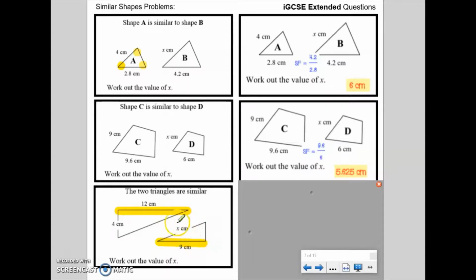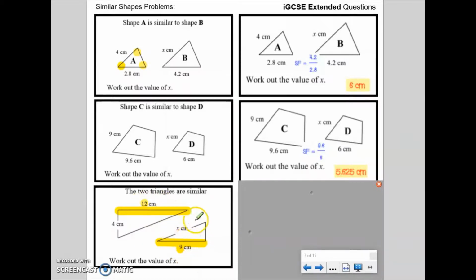So even though the shape appears to be rotated, we can still do 12 divided by 9 to find our linear scale factor. 12 divided by 9 is going to give us 1.3 recurring. So we may leave that as a fraction, 12 over 9, or we could simplify it down to 4 over 3.